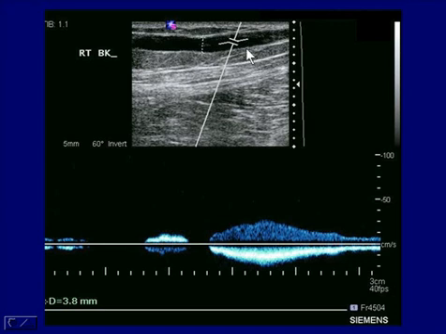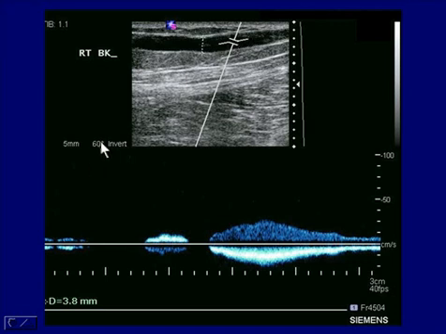Now, in many examples, I've put in the angle correct feature on the equipment, even though it's a venous study. And basically, we don't care about the absolute velocities, we care about the direction. However, this really prompts us to use a good angle.